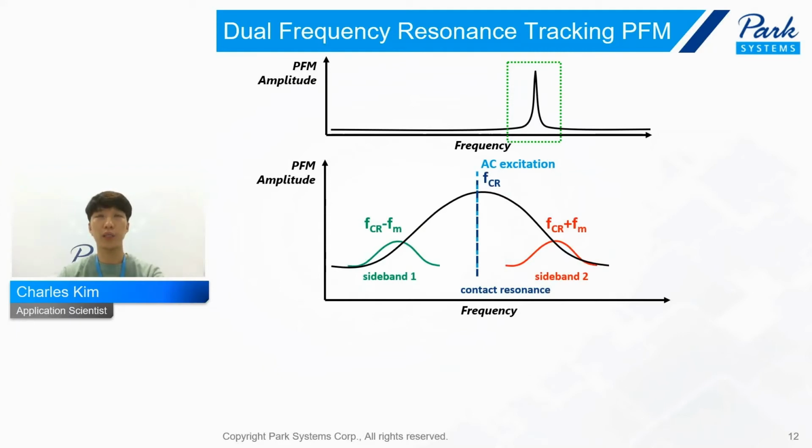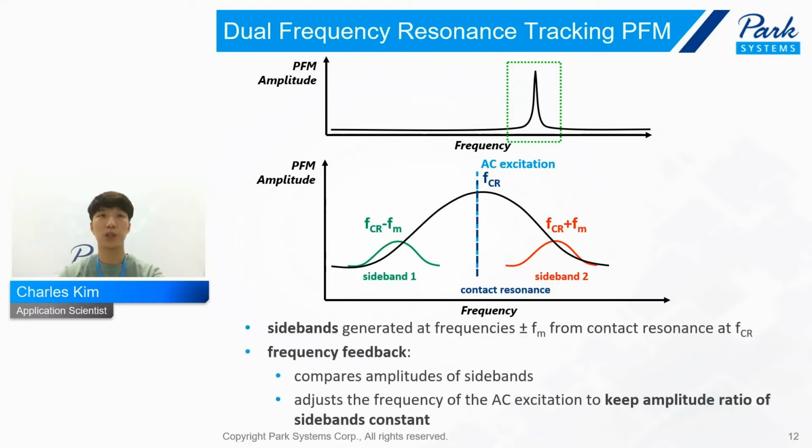Then the new AC frequency is updated in real time and the system does the frequency feedback. So let's summarize. The frequency feedback works by comparing the amplitude of the sidebands 1 and 2 and adjusting the frequency of the AC excitation to keep the amplitude ratio of the sidebands constant.